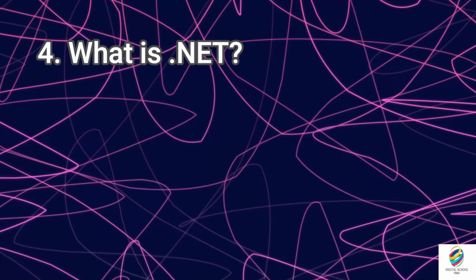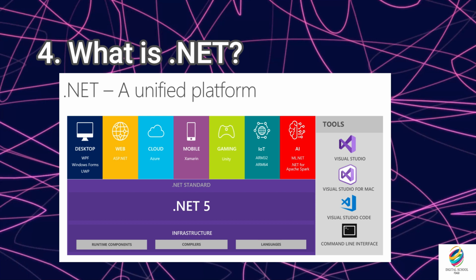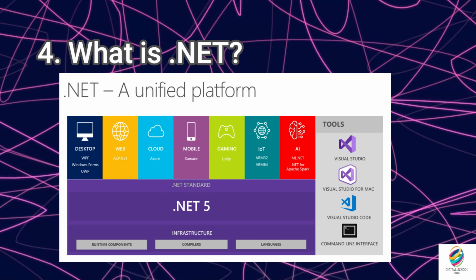Fourth, what is .NET? Think of .NET as the foundation of the application you want to build. It contains all the low-level features you need to create an application, but C Sharp builds on that foundation to make development easier. For the purpose of this tutorial, .NET includes these sub-elements. First, .NET Framework.